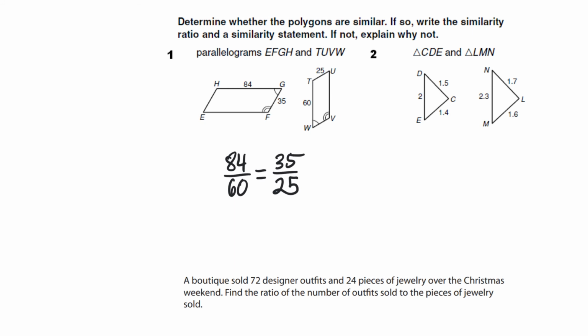Yeah, true. If you type that into your Inspire, it says that is true. So those two fractions are equal, and that says to me that these are similar. Since they're proportional, they're similar, and because the angles are congruent. That's also part of it. This angle and this angle are congruent, this one and this one are congruent.